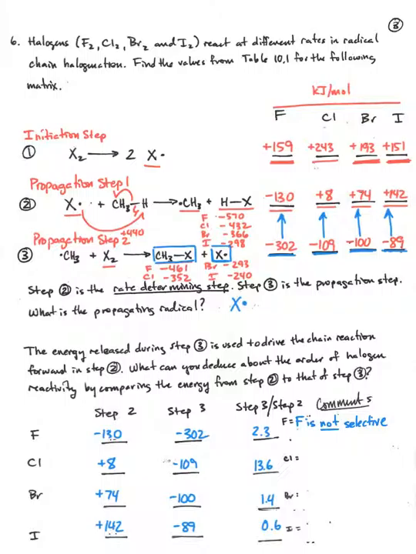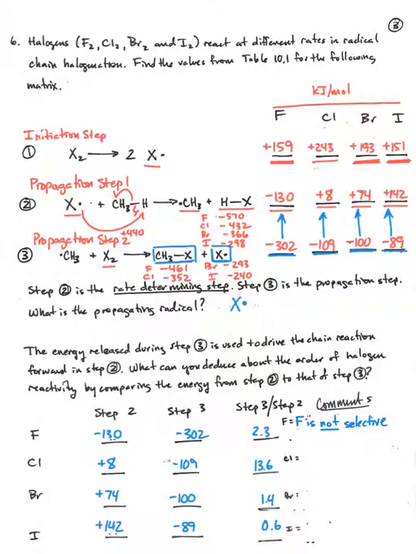We're generating too much heat in the second propagation step to really selectively go after a primary versus secondary versus tertiary hydrogen in any particular molecule.